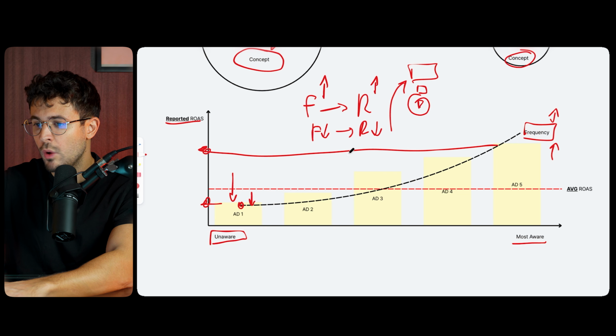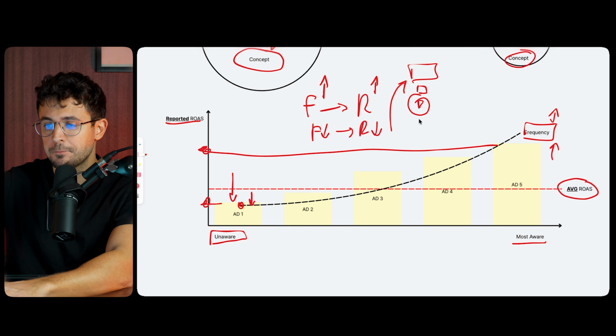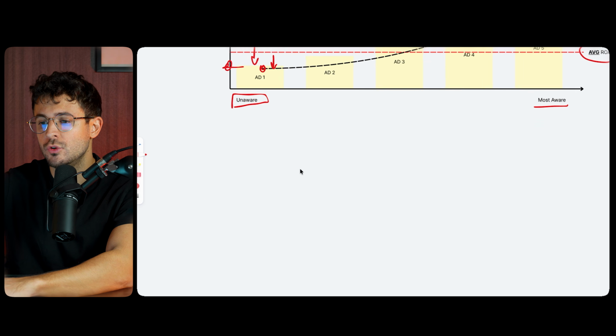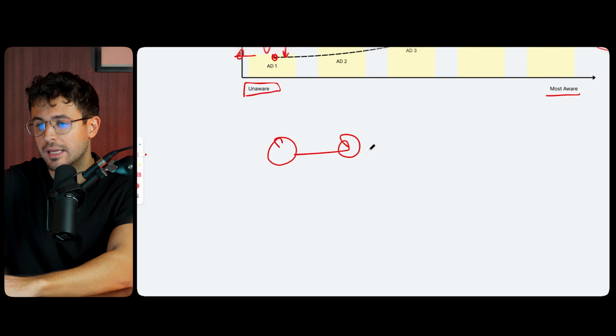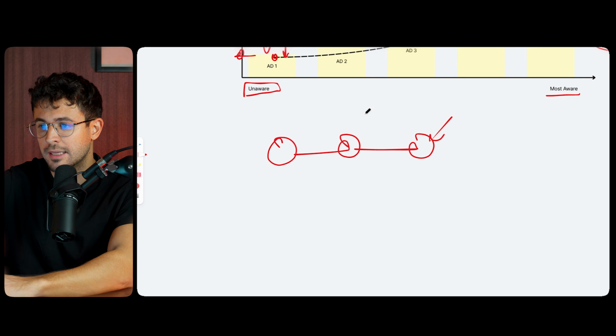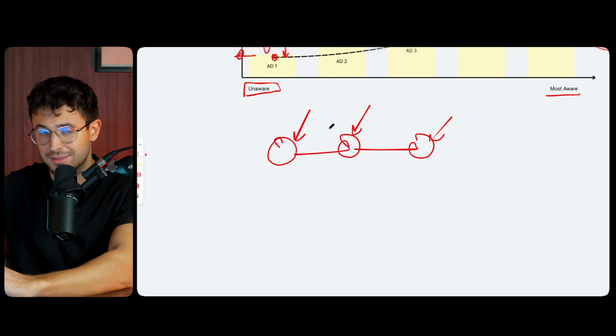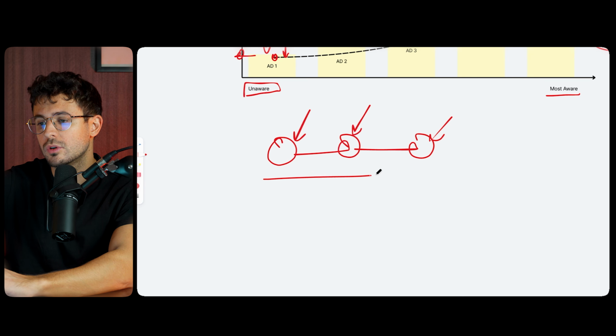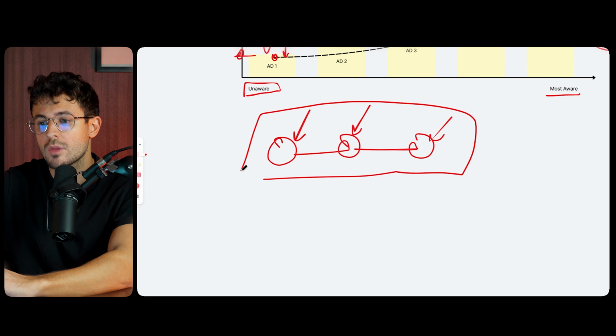So rather than looking at the single ad ROAS, it's important for you to look at the average ROAS of the sequence that you create. That's why, when you create ads, you don't have to think about the single ad itself. Look at the data singularly about the single ad, but you need to look at the entire sequence.